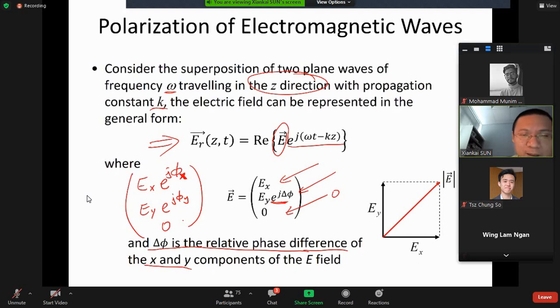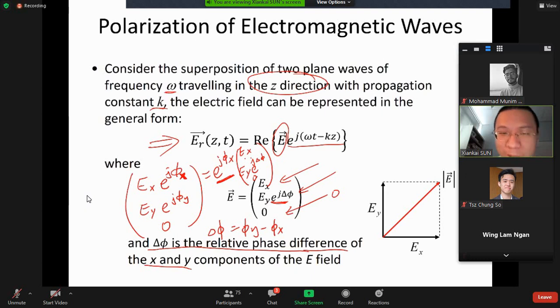You can always take that constant phase out of the bracket. And here delta phi becomes phi y minus phi x. Only the relative phase difference matters. The common phase will not matter.